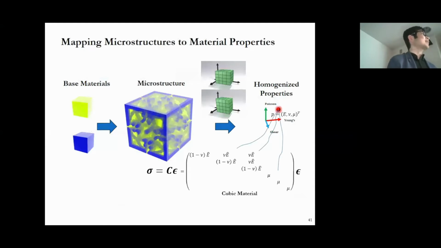That is like mapping from a geometric design, maybe a 64 cubed design, to a single point in our material property space. Like this microstructure should have the Young's modulus of some number, the Poisson ratio, and shear modulus of some other number. It's a point in that space.